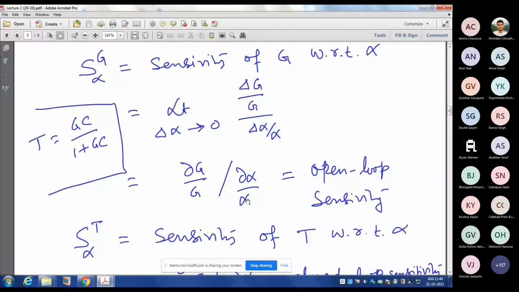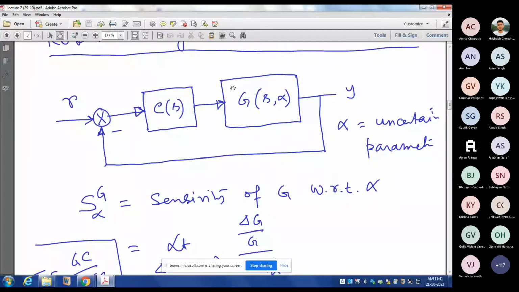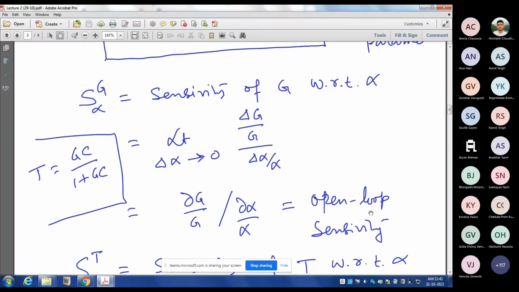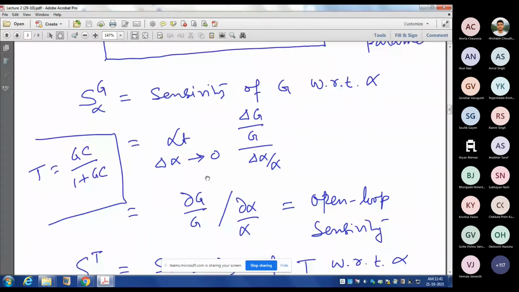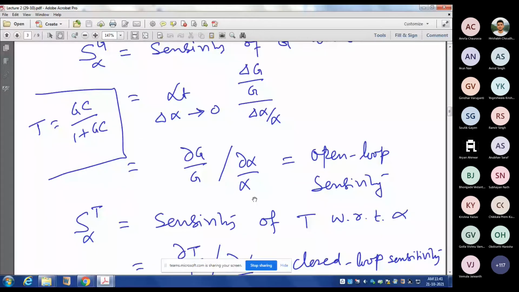This is known as open loop sensitivity, because here we are only considering the sensitivity of the plant G with respect to alpha. So open loop sensitivity S alpha G is equal to del G by G, the percentage change in G, divided by the percentage change in the parameter alpha.